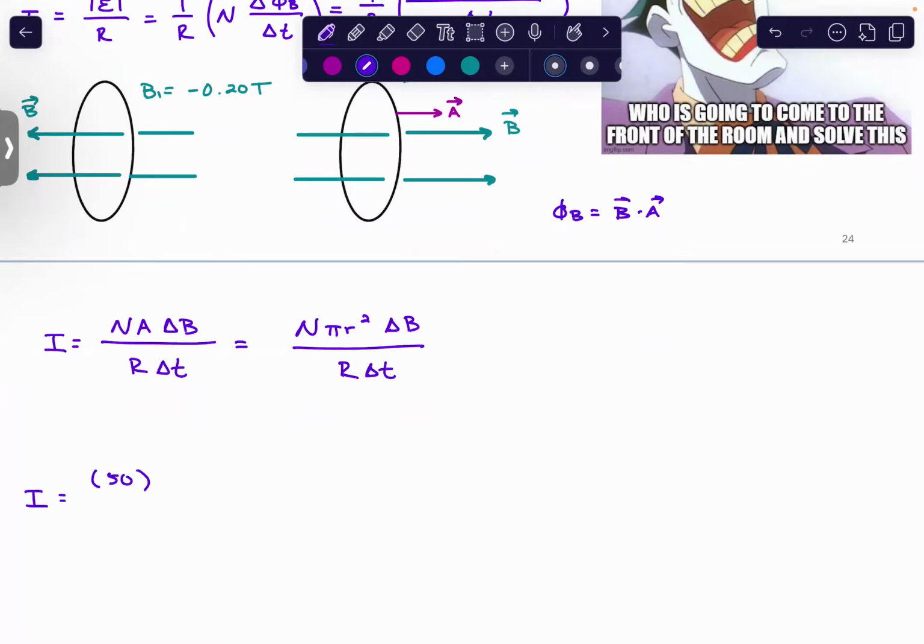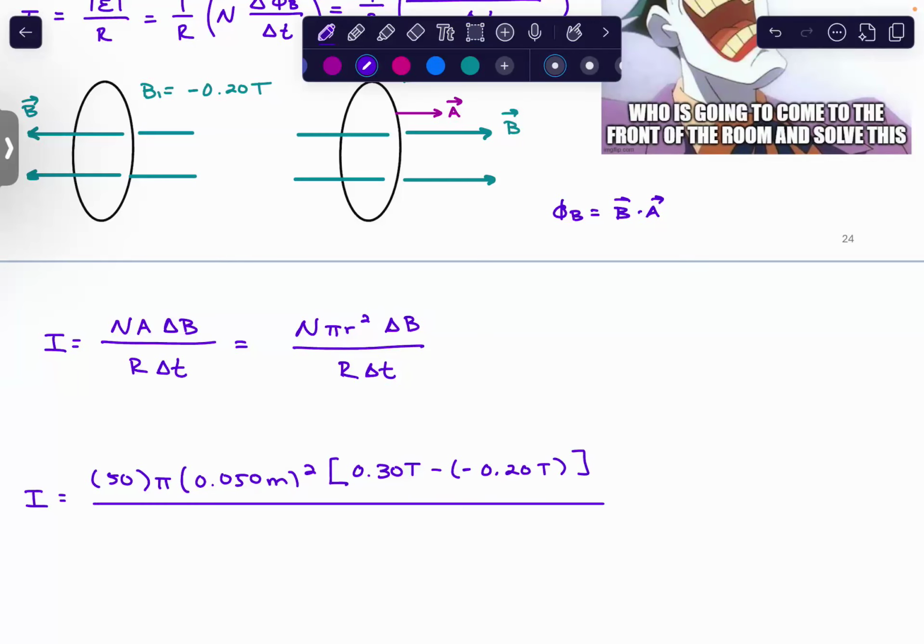50 turns, pi. The radius is 0.050 meters squared. And then our change in B can be 0.30 Tesla minus a negative 0.20 Tesla over 82 ohms, or as this class has come to call them, funky squids.